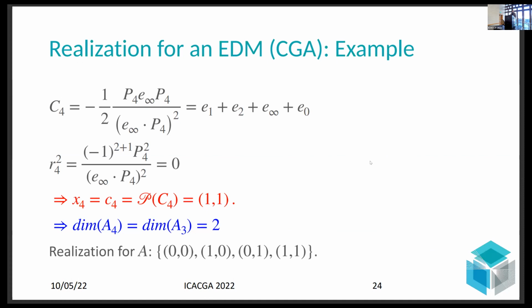We can get rid of this last coordinate. So our solution is still in a two-dimensional space. So the embedded dimension of A4 is still 2, which is the embedded dimension of the matrix. So then we have a solution for this 4x4 matrix in R2.